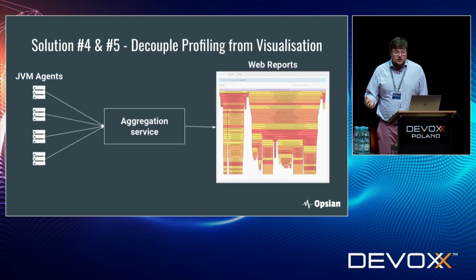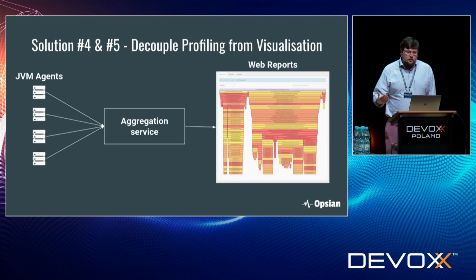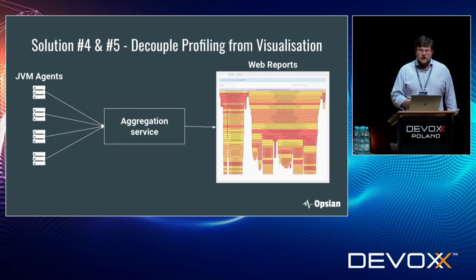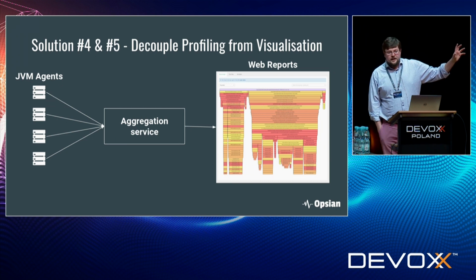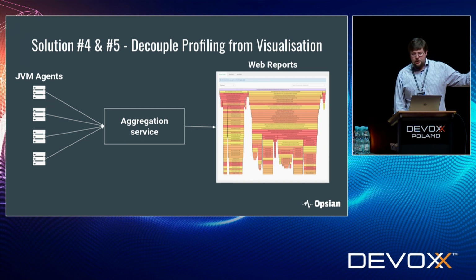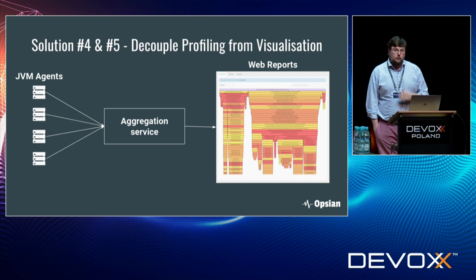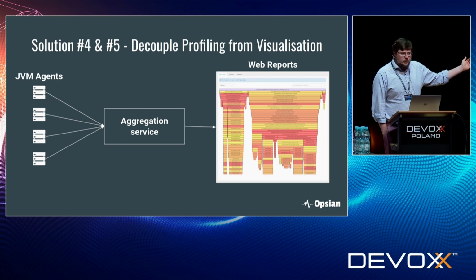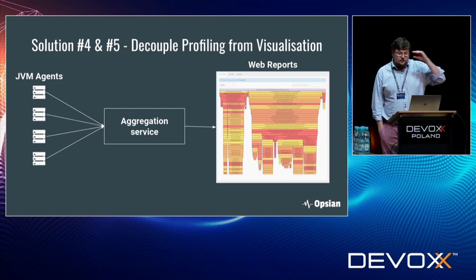So the solution to those kinds of problems is decoupling the profiling management from the visualization and the user interactive parts of your profiling system. Have some JVM agents that gather data, have an aggregation service, have some reports on the web that you can look at, and have that aggregation service be pre-connected to a load of machines.